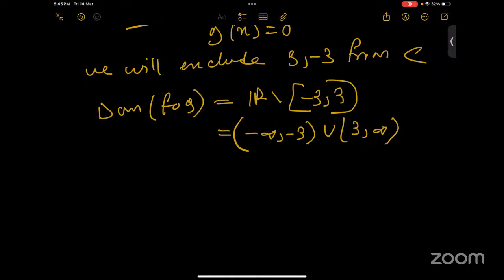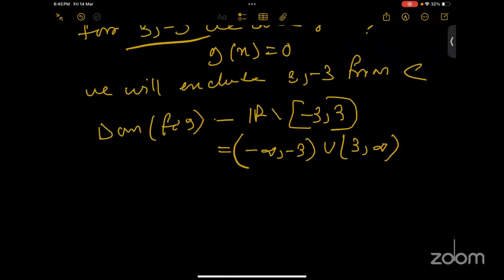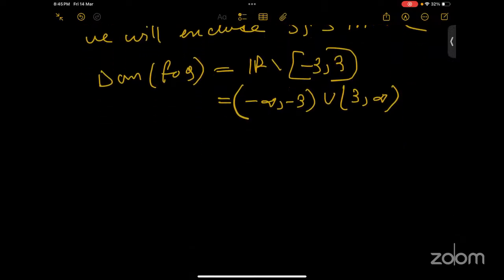So, summarizing, to find the domain of a composite function, we have to take the range of the inner function and remove from the domain of the outer function whatever is not allowed.